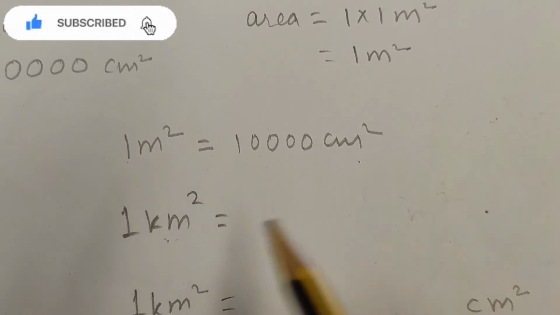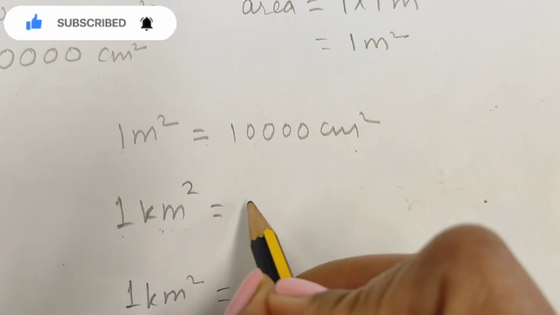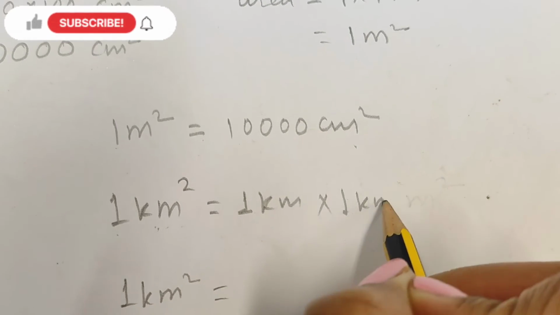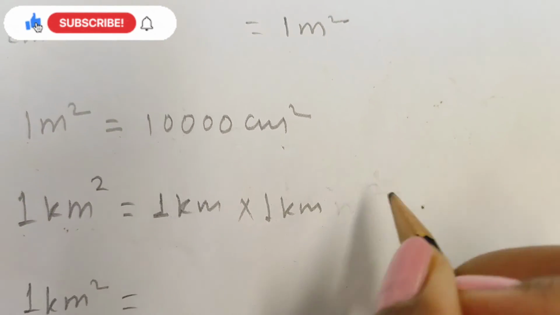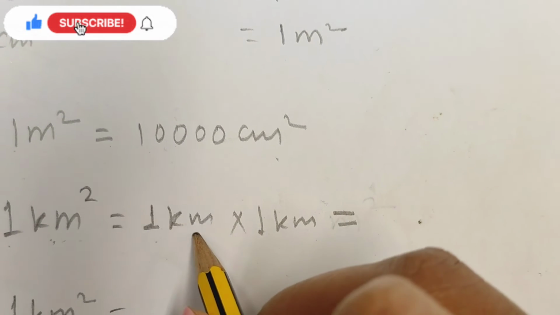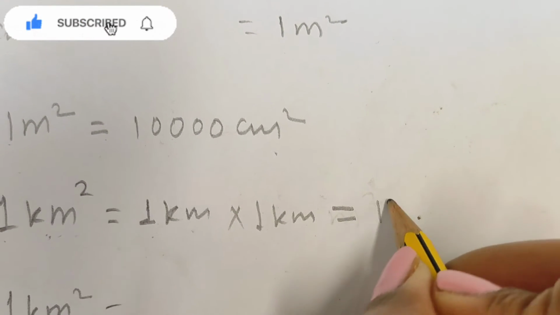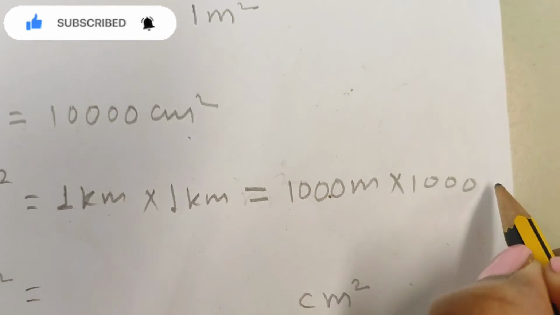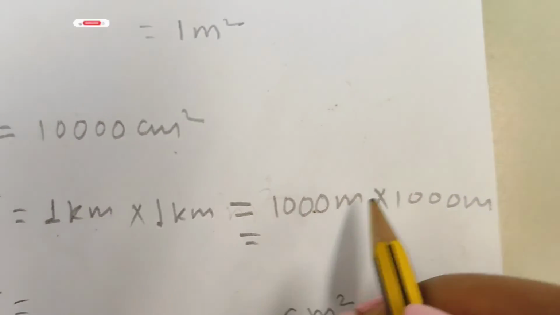Let's do it together. So 1 kilometer squared, can I write it as 1 kilometer times 1 kilometer? I can. So 1 kilometer is how many meters? So 1,000 meters times 1,000 meters. From here, what can I conclude?